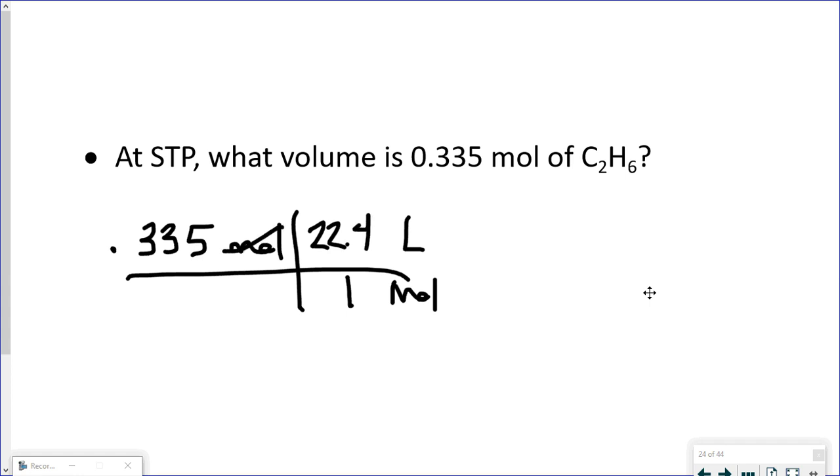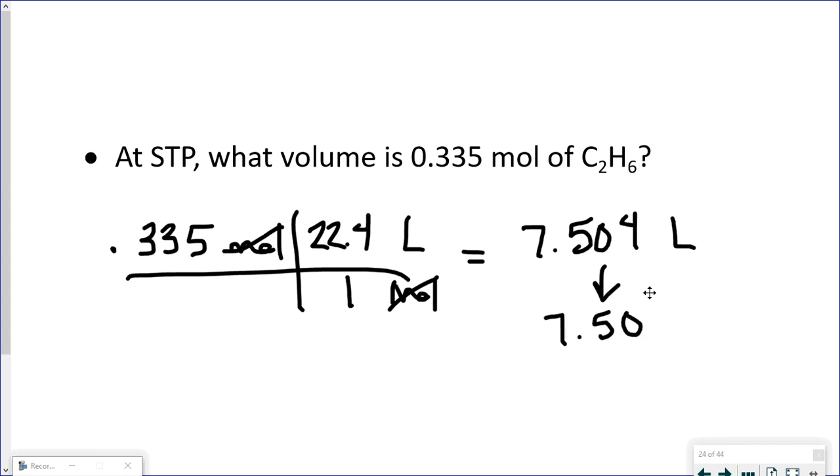That cancels out moles. Since both numbers are above the line, you're going to multiply them. So 0.335 times 22.4. The calculator gives you an answer of 7.504 liters. In terms of sig figs, our original digits were 3, so we need to round this to 3, so it'd be 7.50 liters would be our final answer.